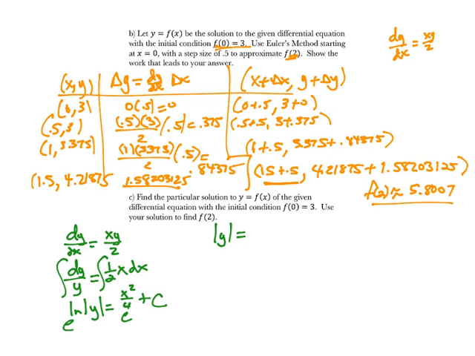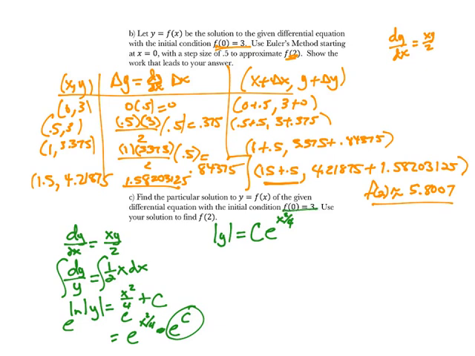Remember that when you add exponents, that means it came from e to the x squared over 4 times e to the c. e to the c is just a number, so we can call all of that still just c. So it's c e to the x squared over 4. We know that e is always positive, so the only way this quantity can be negative is if c turns out negative.